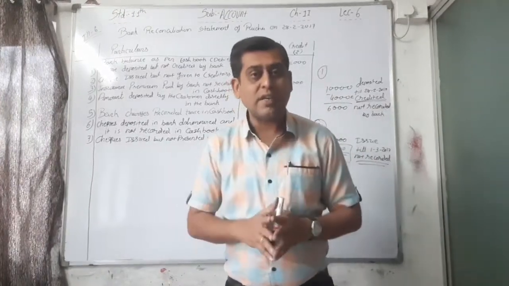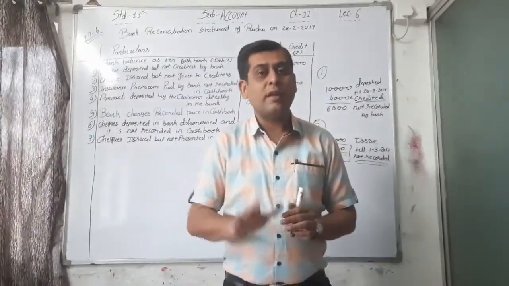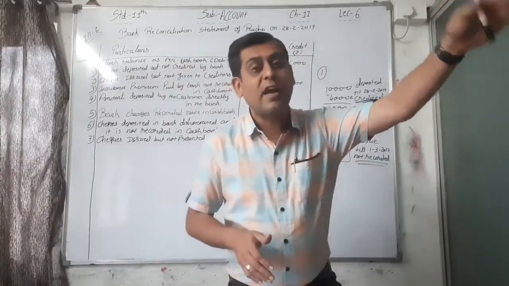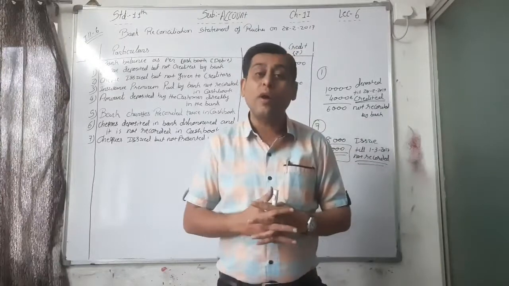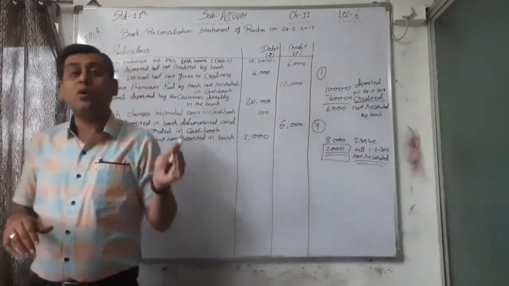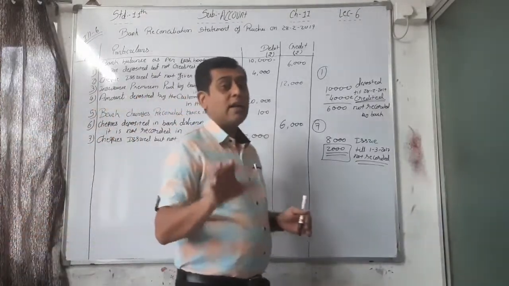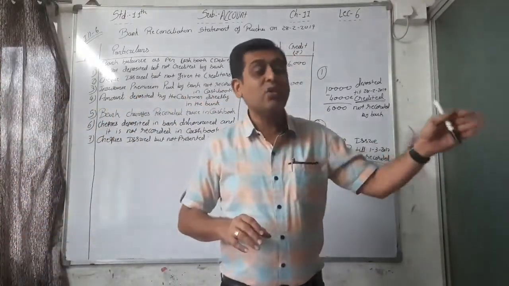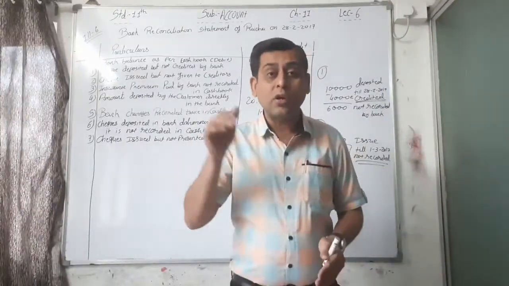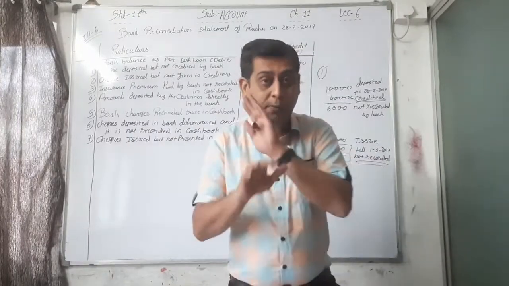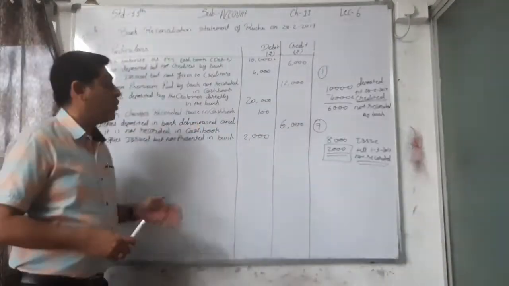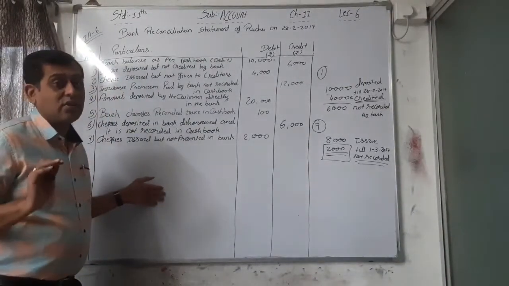So here one mistake is already made: not recorded in the cash book. But the bank also has not collected that amount till 28th February, not credited in my account, and that's why the bank has also not recorded that particular 4,000 in my passbook. That means the problem is solved. What do we have to do in the bank reconciliation statement?